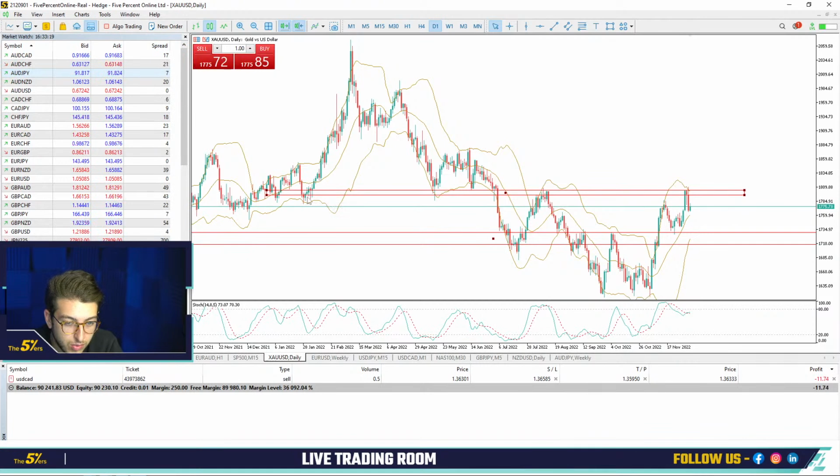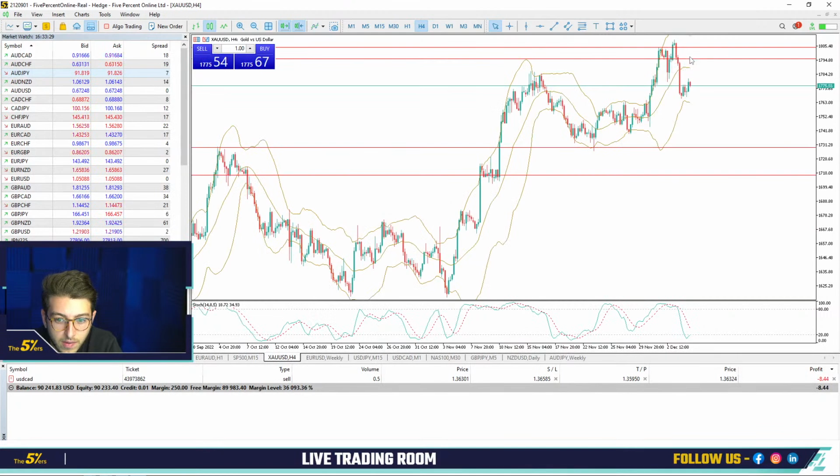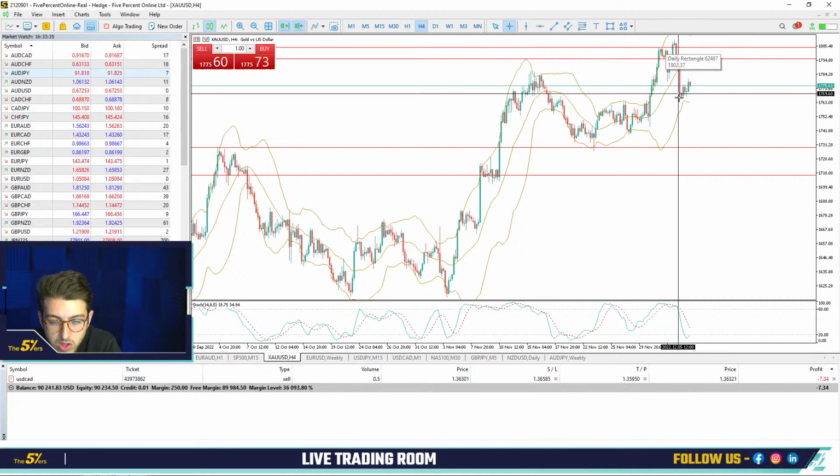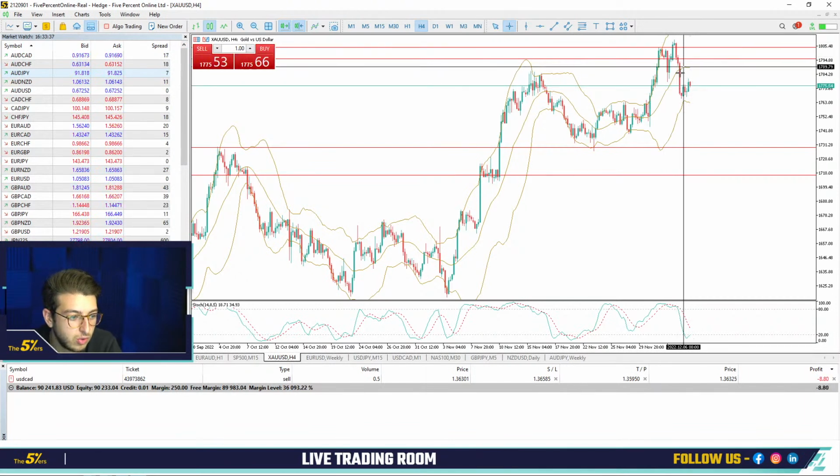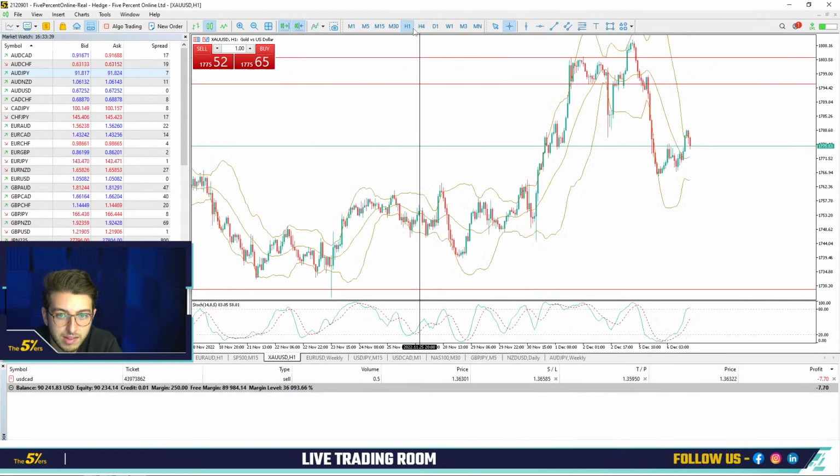Okay, you see, it was a support, created a demand, then we break it, we test again here, and then here we again test this zone. We tested this zone again last week and yesterday, and we get a rejection. Okay, so the 1,800 is a big key zone in gold.